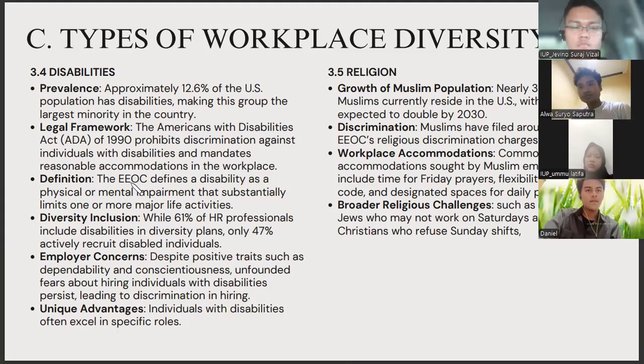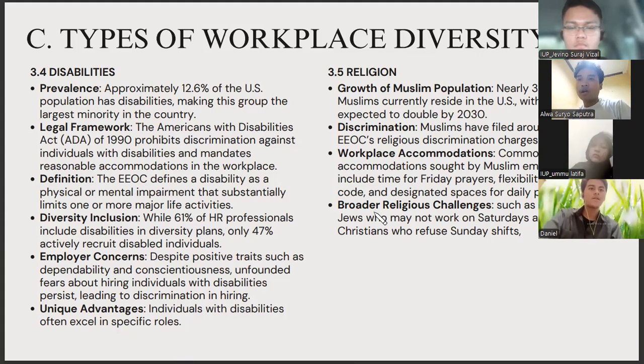The fifth point is employer concerns. Despite positive traits such as dependability and conscientiousness, unfounded fear about hiring individuals with disabilities persists, leading to discrimination in hiring. The last point is unique advantage.